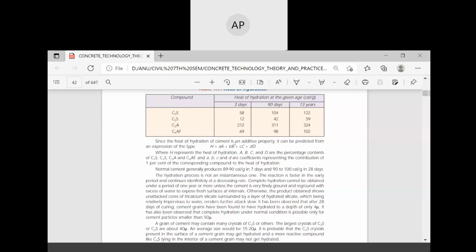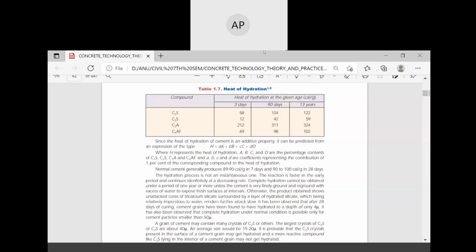Since the heat of hydration of cement is an additive property, it can be predicted from an expression H equals A. Normal cement generally liberates 89 to 90 calorie per gram in 7 days and 90 to 100 calorie per gram in 28 days.